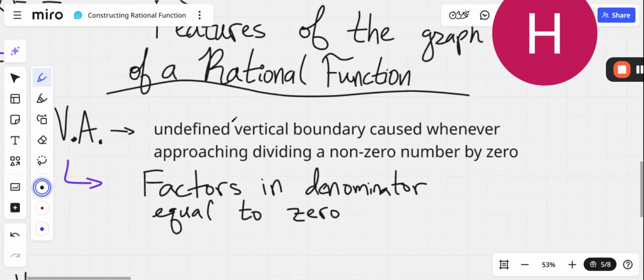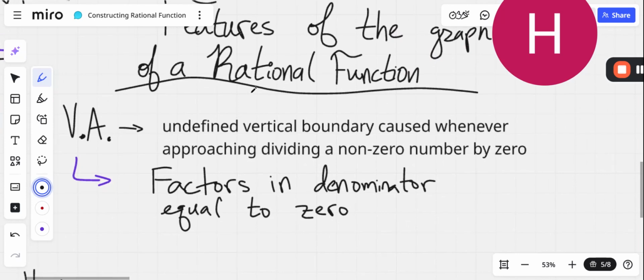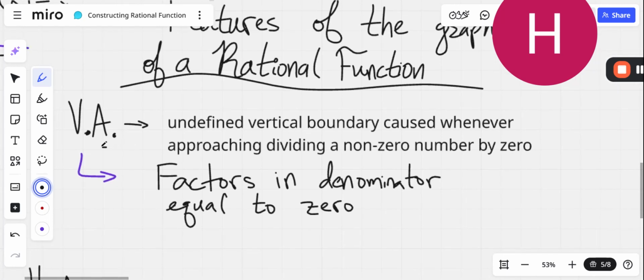And that's kind of the defining feature of a vertical asymptote, is that on both sides of this boundary, the graph is sort of going off to the infinite. Sometimes both sides are going to the positive, sometimes both sides are going to the negative. But if there's a boundary that behaves in this sort of way, where the sides go to infinity, then we have a vertical asymptote.